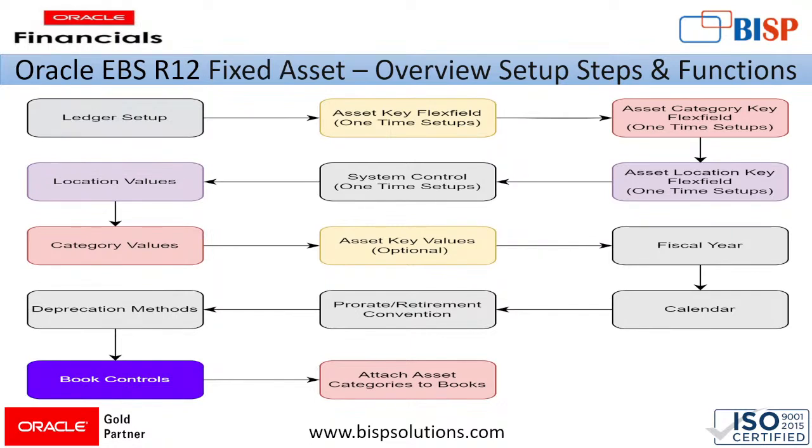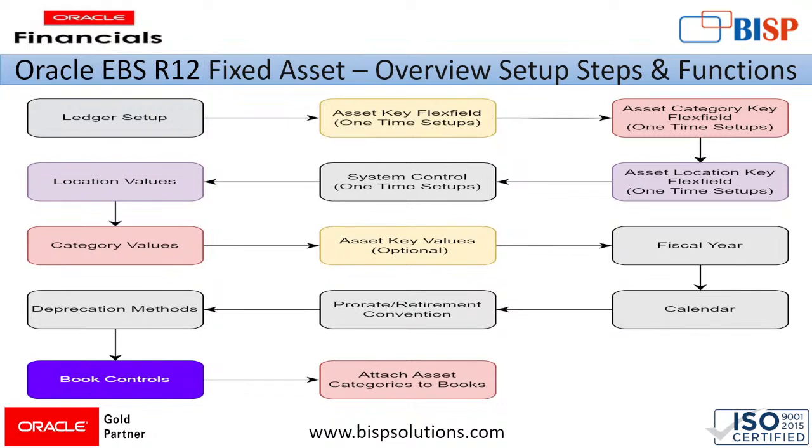major and minor, right? And the asset key values, basically this is an optional one. So you can have an asset key so that, without an asset number, you can get a report out of that.